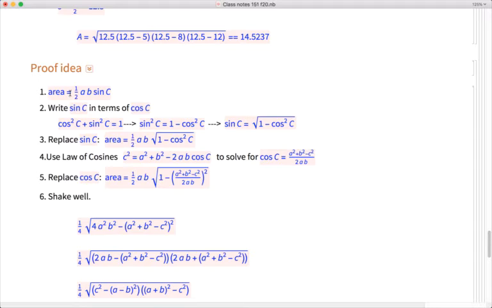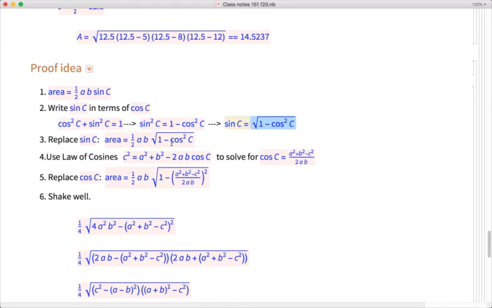The proof idea, really, I'm just going to leave it on screen for a second, but it comes from the formula that we already know for a triangle, half the product of sides times the sine of the angle in between. Again, something that should be on your note card. We're going to rewrite sine in terms of cosine using this formula that we've seen before.